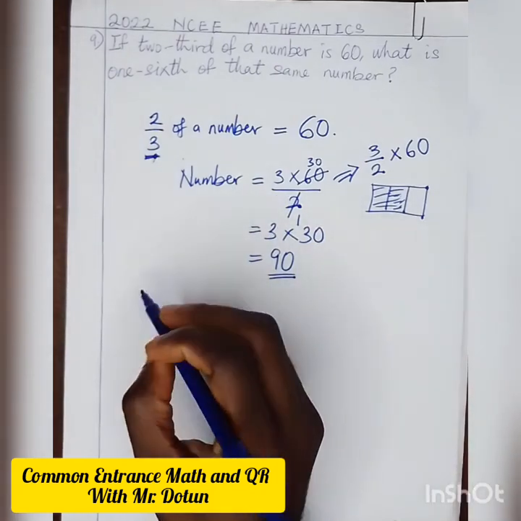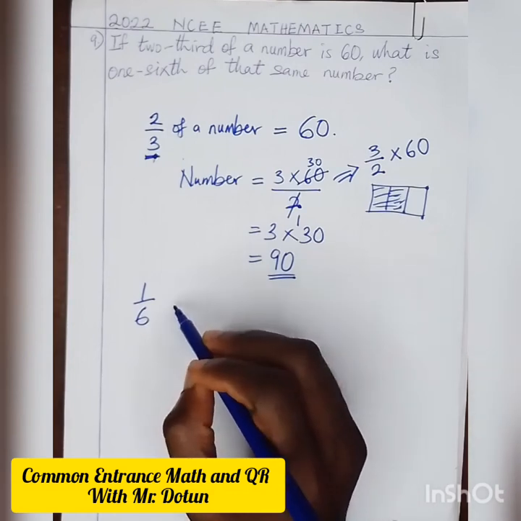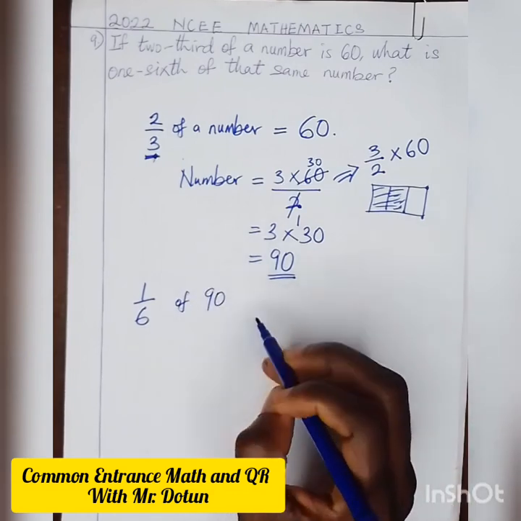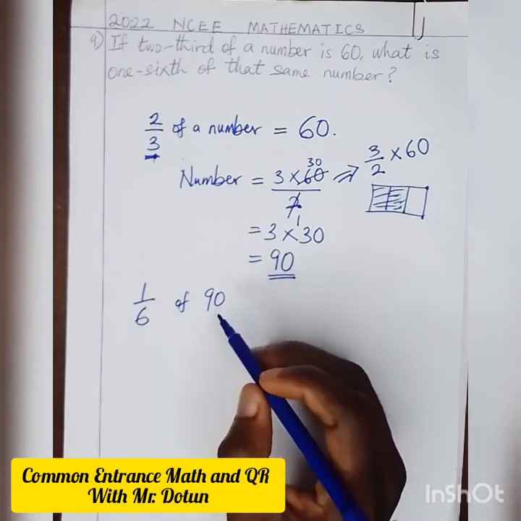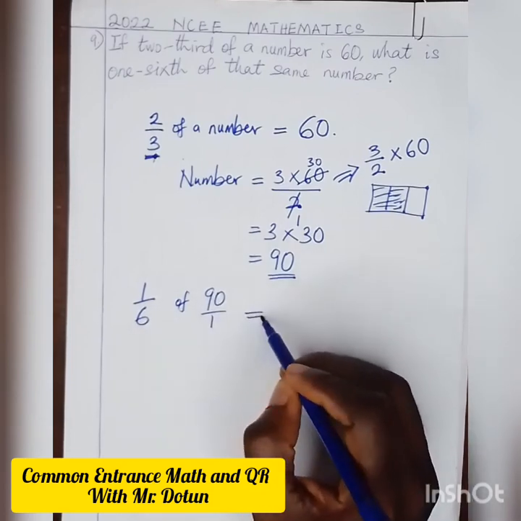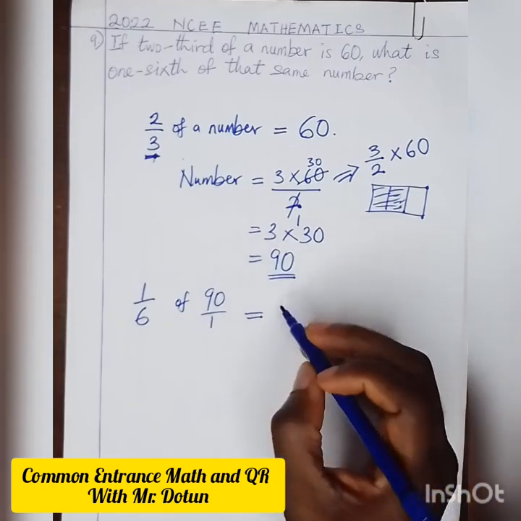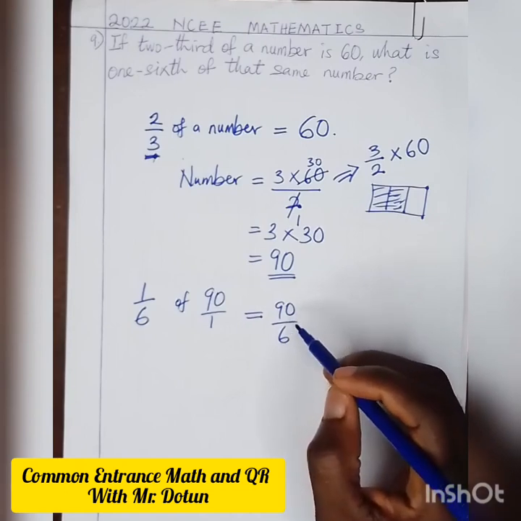So now let's move ahead. We have to find 1/6 of that same number, 1/6 of 90. So we divide 90 by 6. How many 6s do we have in 90? You can use division by cancellation. This is the same thing as 90/6. You can take it in bits.